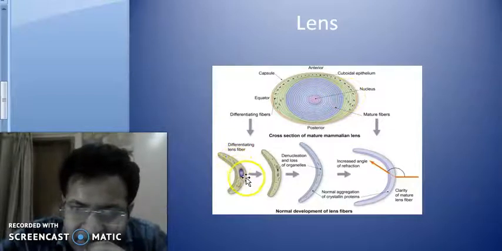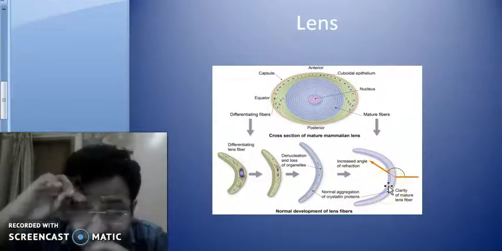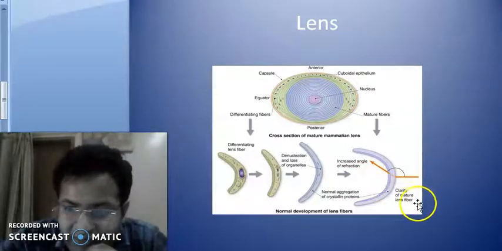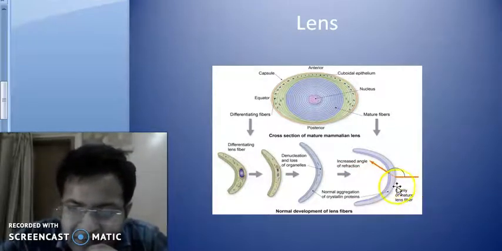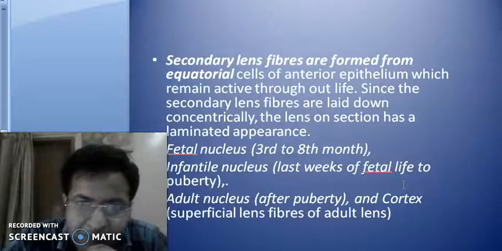When the differentiating lens fibers are laid down, they slowly lose their nuclei and organelles. And with time, there is an increased angle of refraction because of the arrangement of the fibers, and a very clear mature lens fiber is formed at the end.